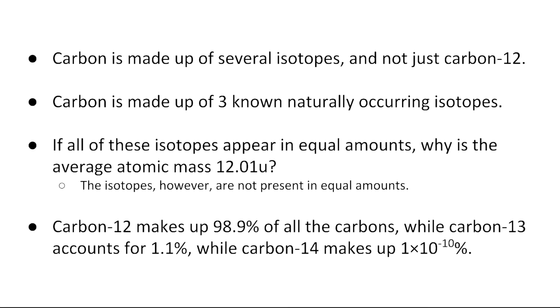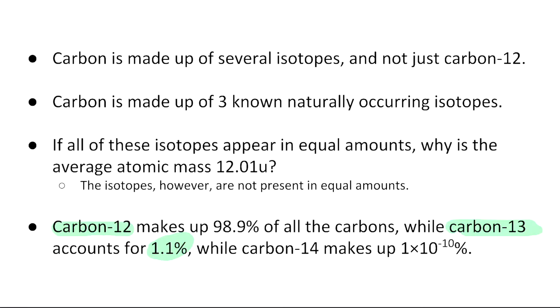Carbon is made up of several isotopes, not just carbon-12. Carbon is made up of 3 naturally occurring isotopes: the carbon-12 that we know of, and a carbon-13, but in a very little percentage.